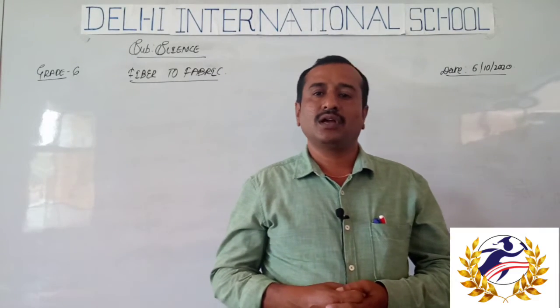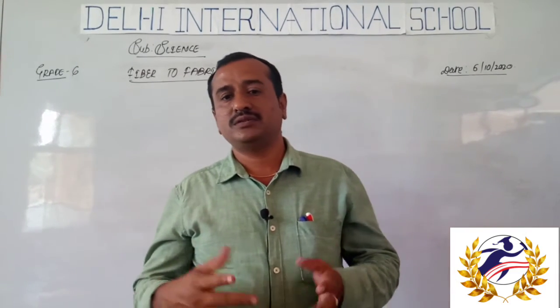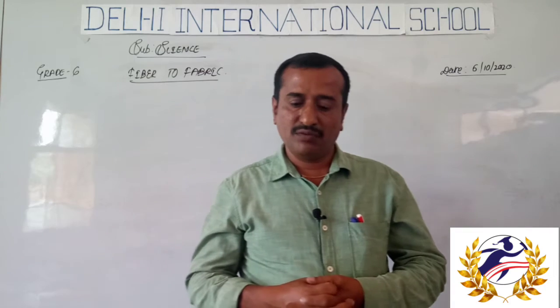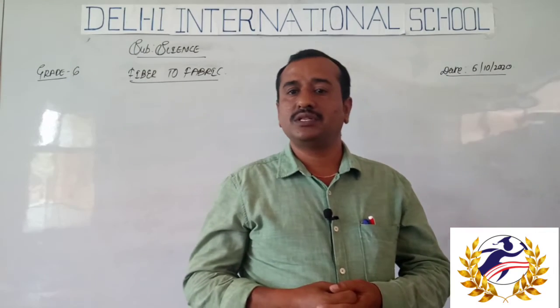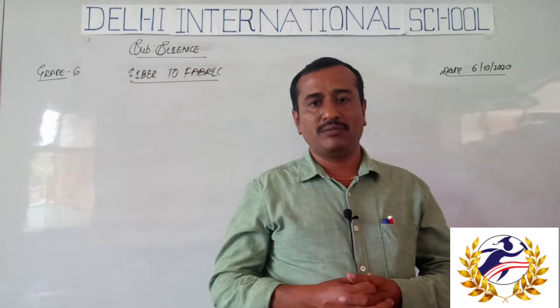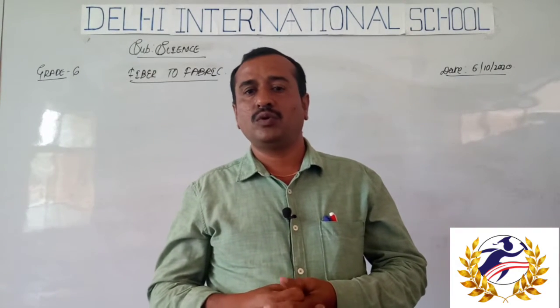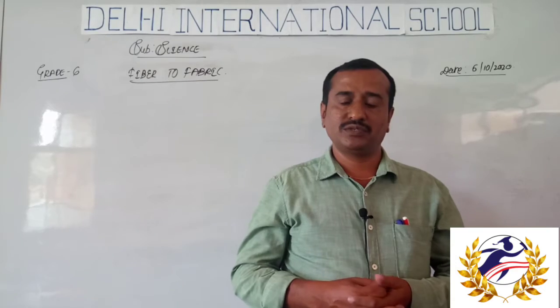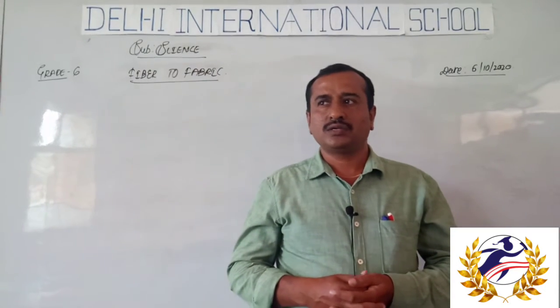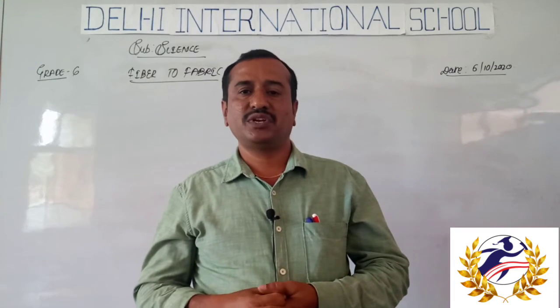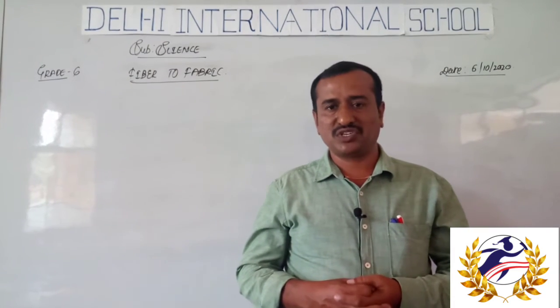Then comes the classification of organisms based on their food habits into herbivores, omnivores and carnivores. You need to concentrate on those points and their examples in the first lesson.